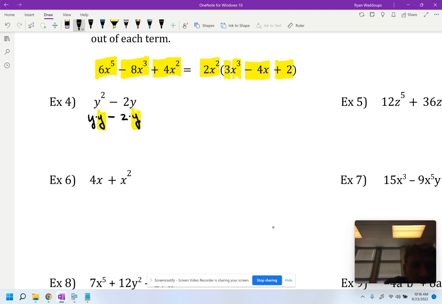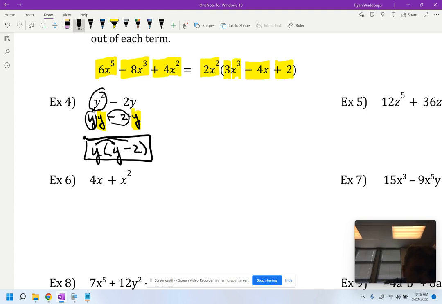And so if I take out their GCF, I take out the y, and I'm left with, in the first term, y, and for the second term, I'm left with minus 2. And so this is the factored form of this polynomial. And if you wanted to do the check, if I multiply y times y, I would get y squared. And y times negative 2, I get negative 2y.